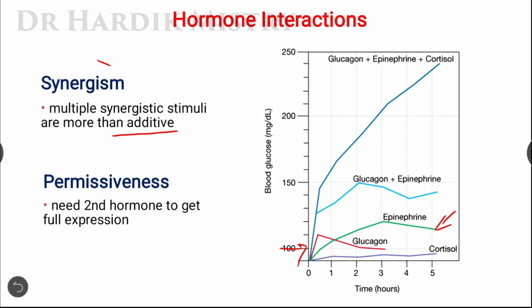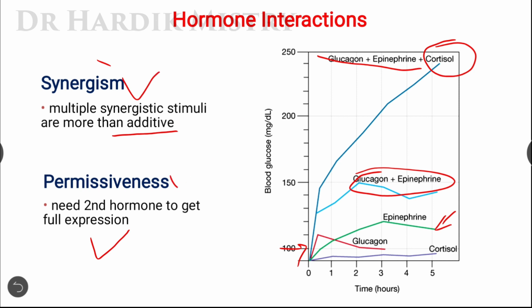But when both hormones are released simultaneously, glucagon plus epinephrine, the blood glucose level increases more, and it will increase even more when cortisol is also released along with epinephrine and glucagon. Now permissiveness: a second hormone is needed to get the full expression. When one hormone is released without some other hormone, the action will be minimal. But once the second hormone is also released, the action will be enhanced. So these are the hormone interactions, synergism and permissiveness.